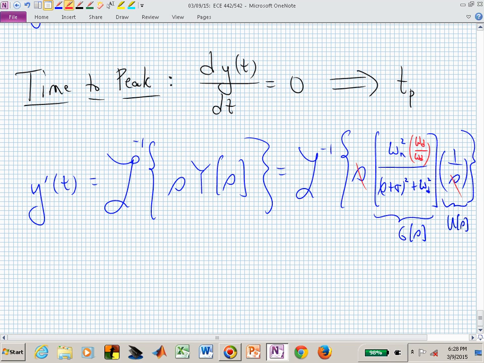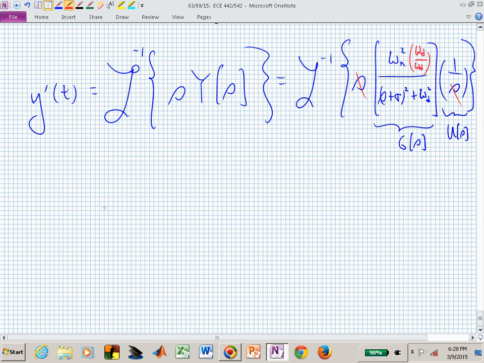That is, in fact, this exponentially damped sine wave. And we've now just scaled it by omega sub n squared over omega sub d, meaning this is now omega sub n squared over omega sub d, e to the minus sigma t sine omega sub d t. That's the derivative of our output of this unit step response.